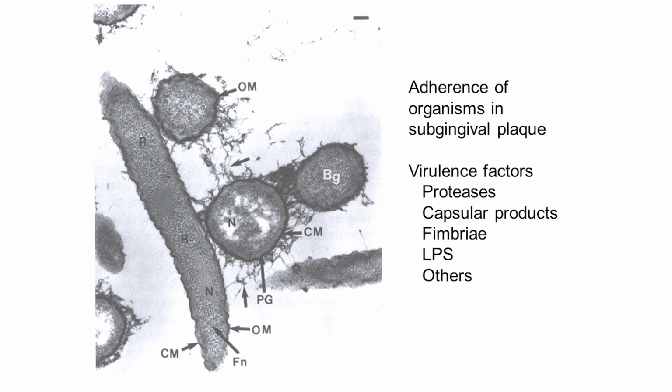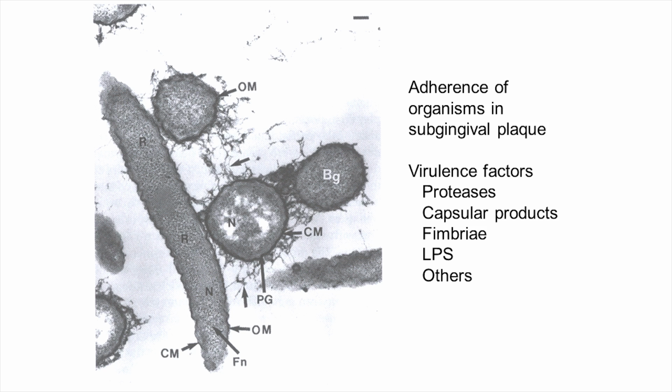And you can see these hair-like structures extending from the surface of the bacteria that are called pili, that the bacteria use to aggregate to one another, and also to aggregate to human cells and tissues. And to some extent, these cell surface products are recognized by the host, and they can elicit inflammatory responses.